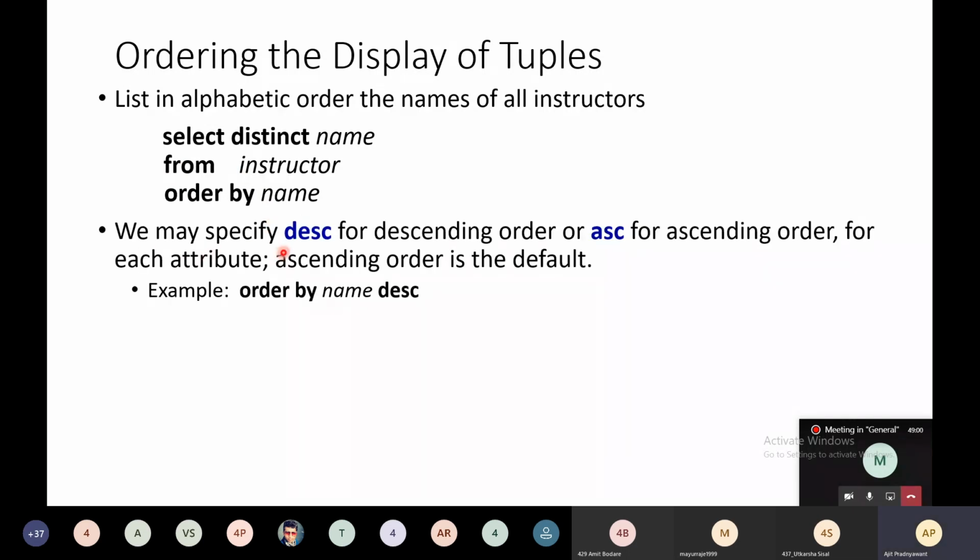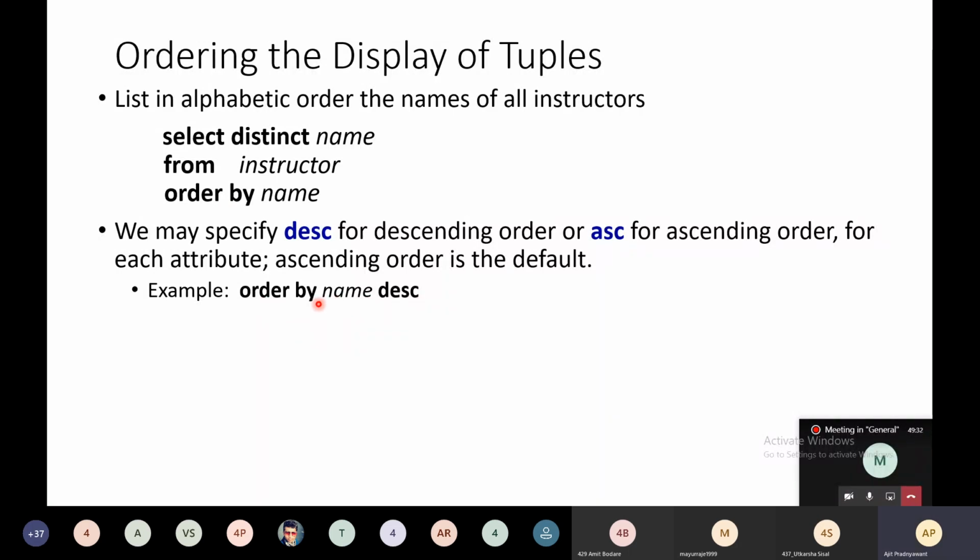We may specify desc for descending order or asc for ascending order for each attribute. Ascending order is the default. So this is your default ascending order. If you want descending order, just mention order by name and then DESC.